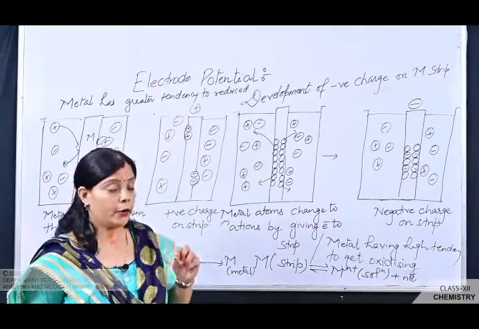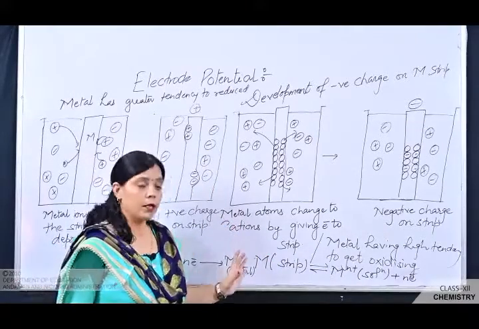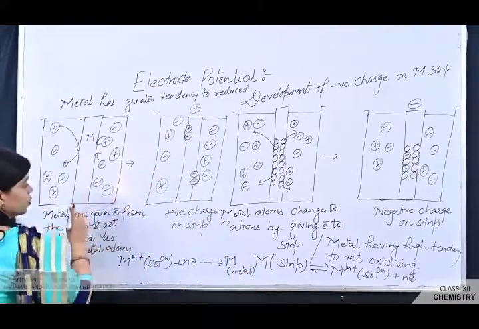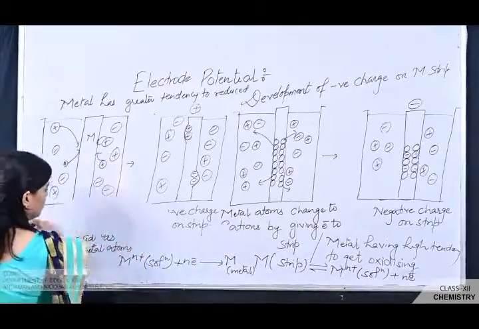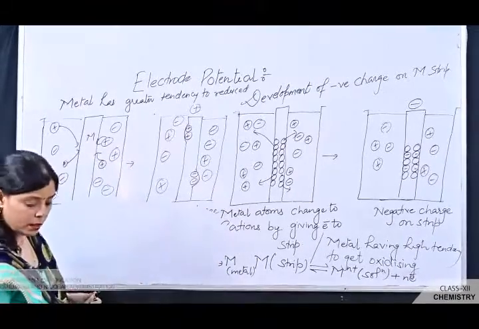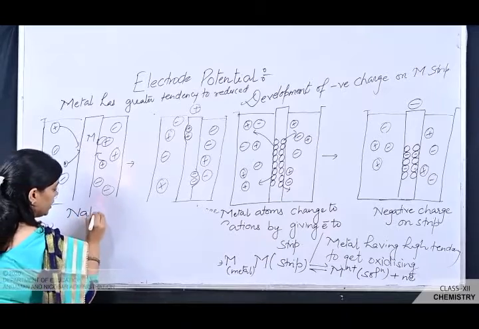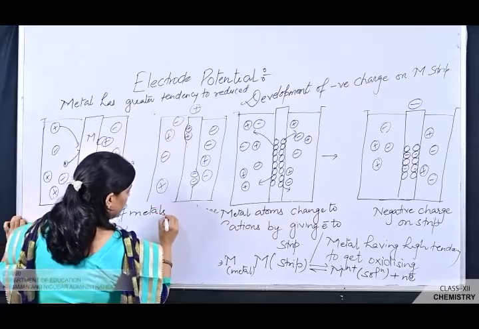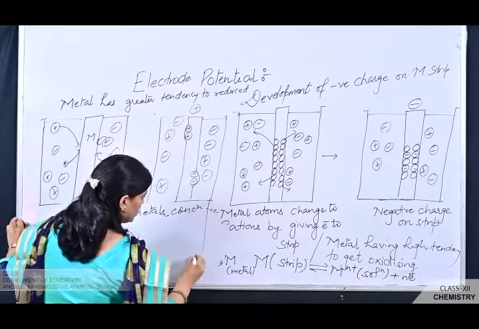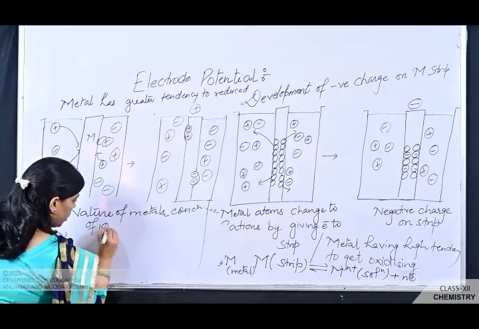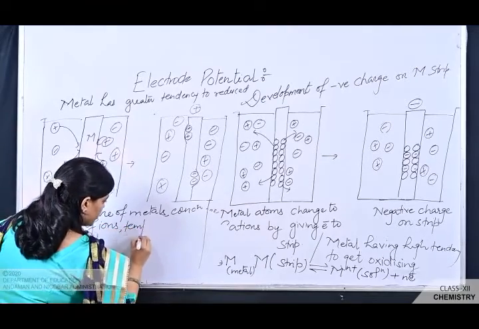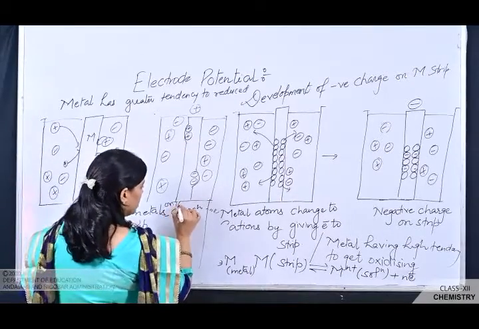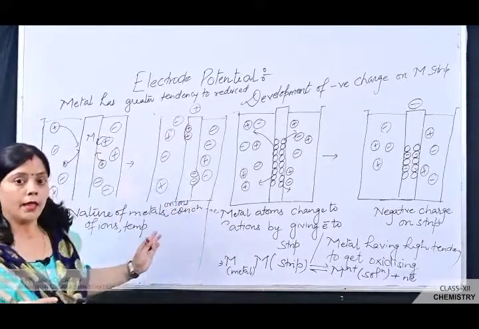The electrode potential of a metal at equilibrium depends on the nature of the metal, the concentration of ions, and the temperature.